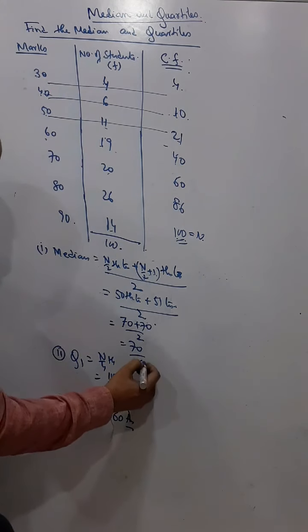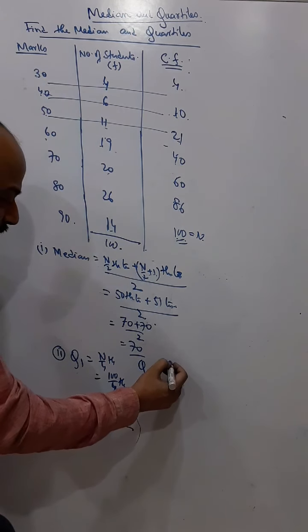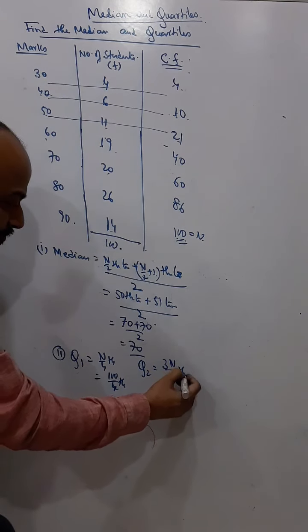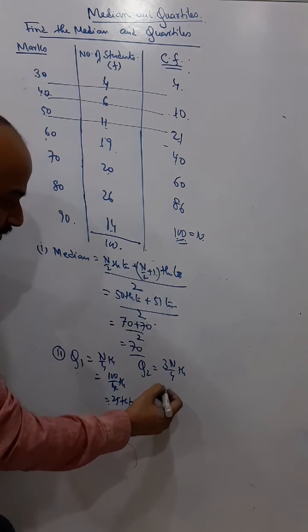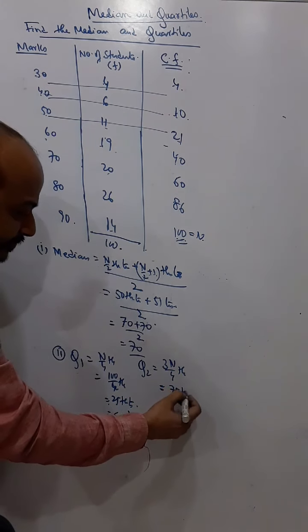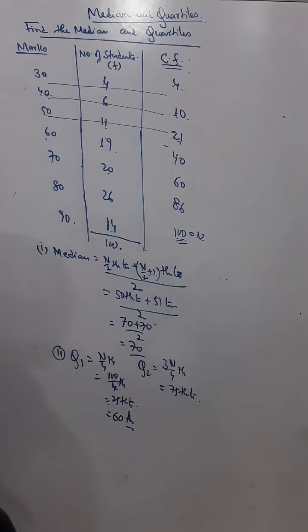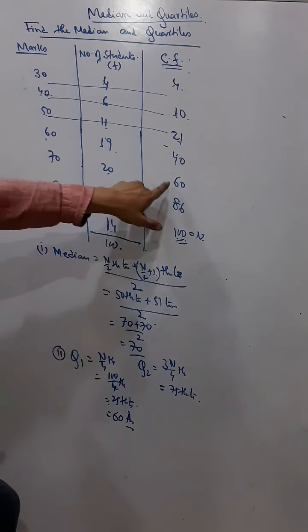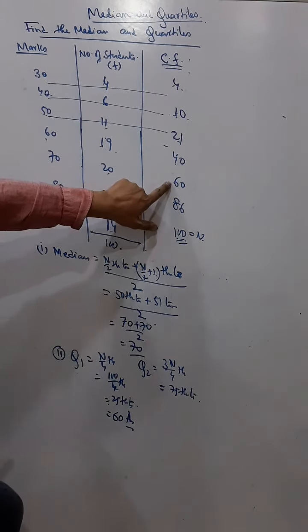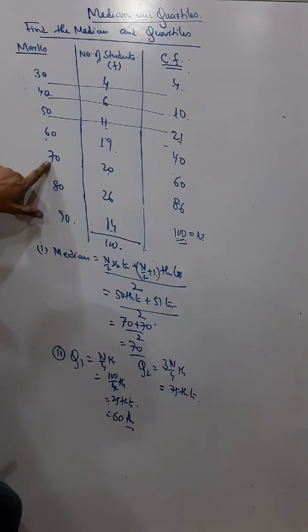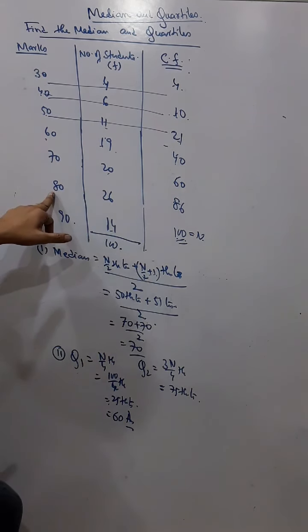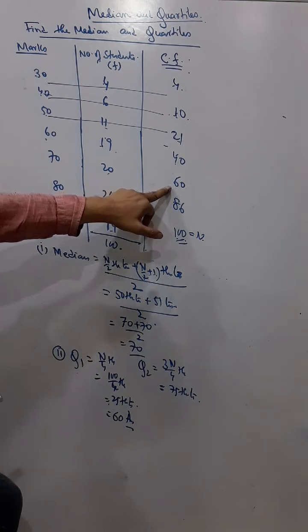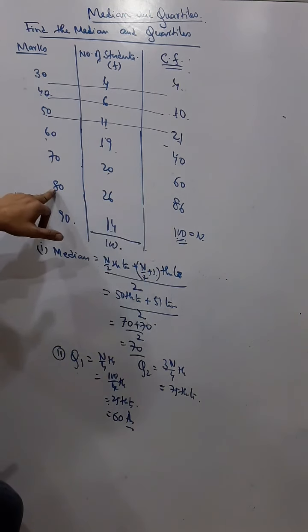Understand? Similarly, if I want to get Q3, Q3 will be the 3n by 4th term. Now the 3n by 4th term gives the 75th term. So for the 75th term, you can understand that 60 ends here. The 60th term is 70, but the 61st term is 80. And from the 61st term to the 86th term, all are 80.